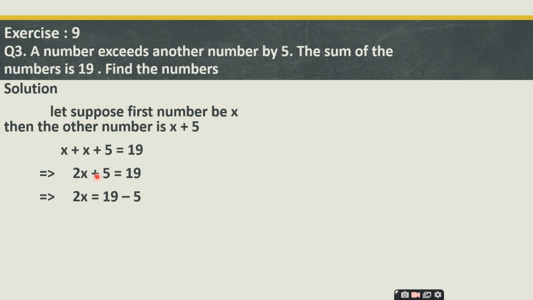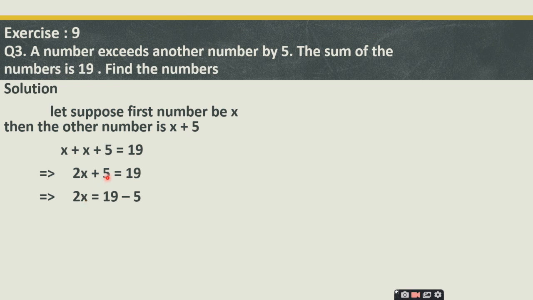If the number is positive, it will change into negative. If the number is negative, it will change into positive. If the number is multiplying, it will be dividing, and when the number is dividing, it will be multiplying. So when we transpose a number, its sign definitely changes.